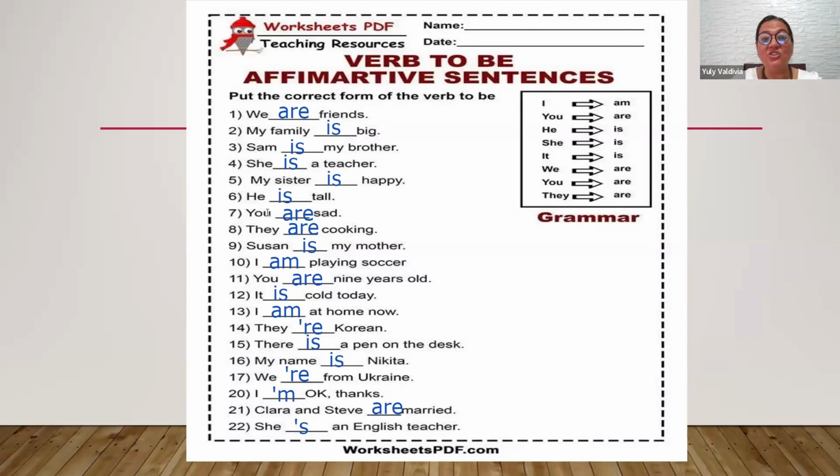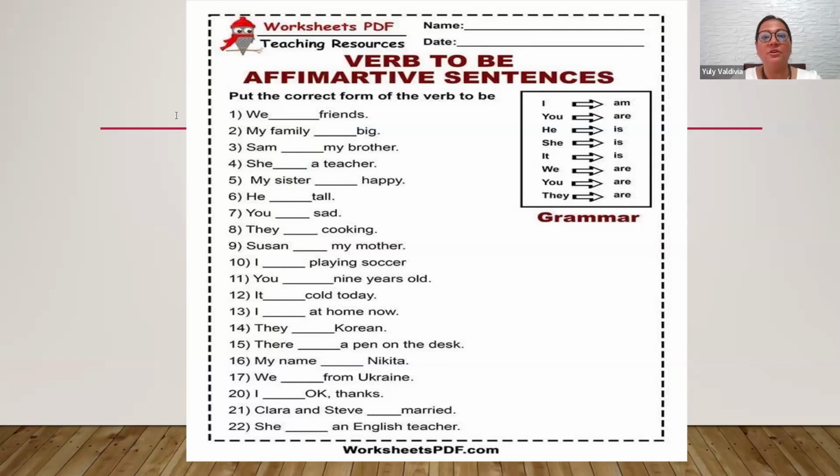Excellent activity. You did a fantastic job. We have another practice. This is going to be a little bit different, okay? So let's see this. And also you have to choose the best alternative for this activity.